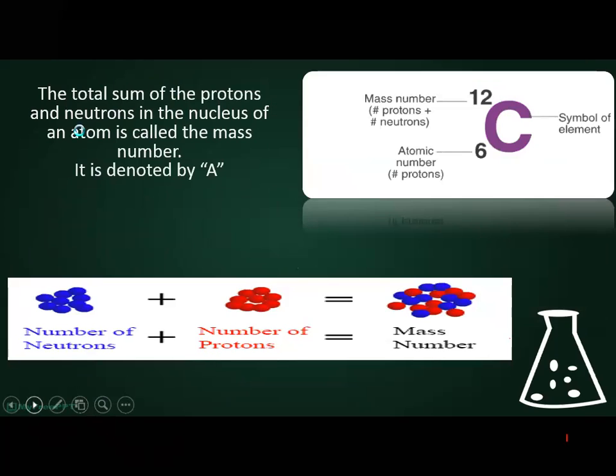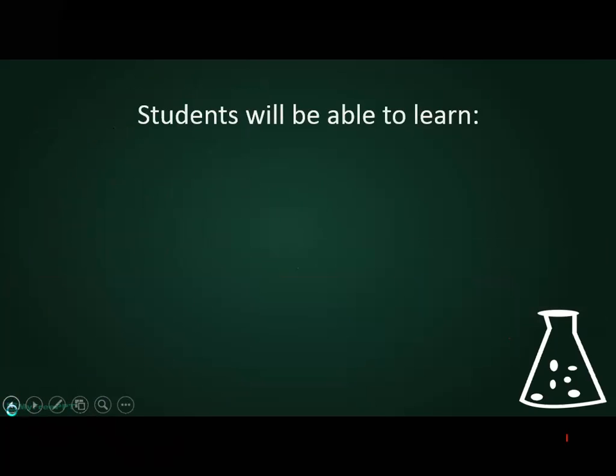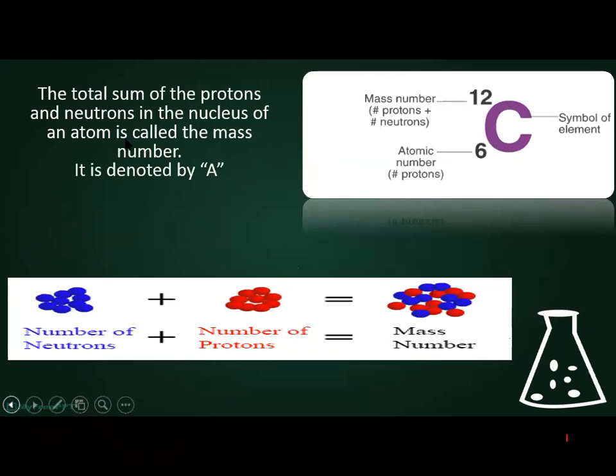The total sum of protons and neutrons in the nucleus of an atom is called the mass number. It is denoted by capital A. Atomic number is denoted by capital Z, and mass number or atomic mass is denoted by capital A. So the number of neutrons plus the number of protons in the nucleus is called the mass number, and we also call it atomic mass.